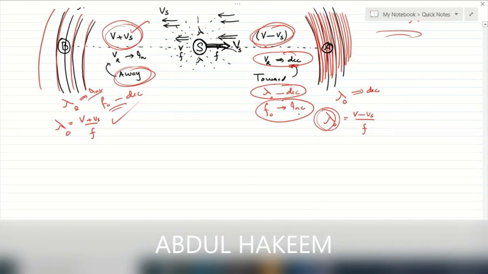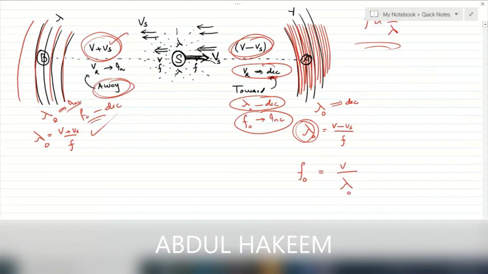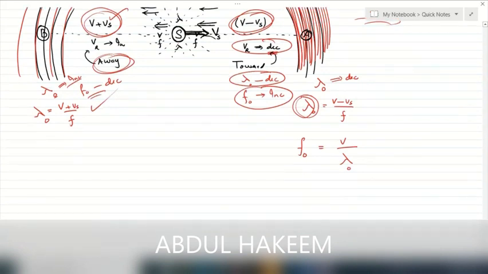Now, what is the observed frequency? V is equal to F lambda. So F naught is equal to V divided by lambda naught. Now substitute the value of lambda naught.